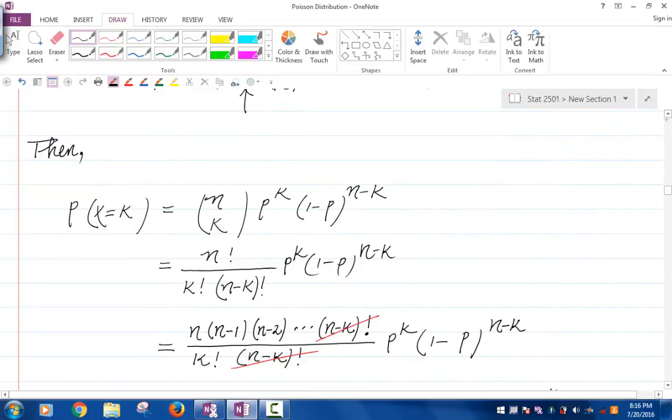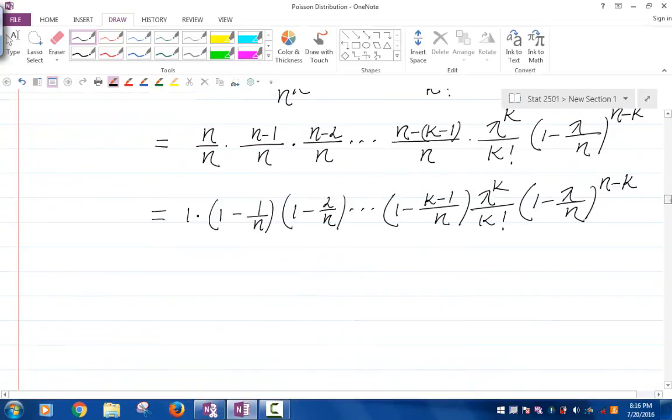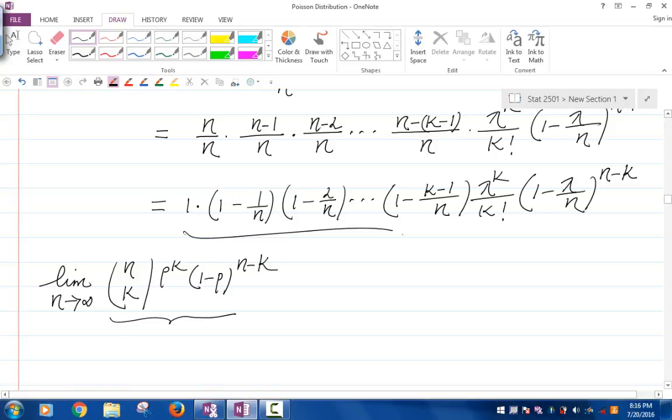So remember, we started with the probability that x is k, that's the PMF of the binomial distribution. So if I take the limit as n goes to infinity of n choose k times p to the k times 1 minus p to the n minus k, remember, we rewrote this quantity as this.